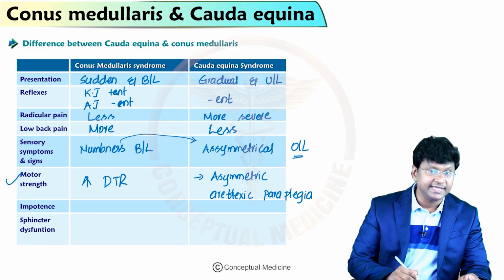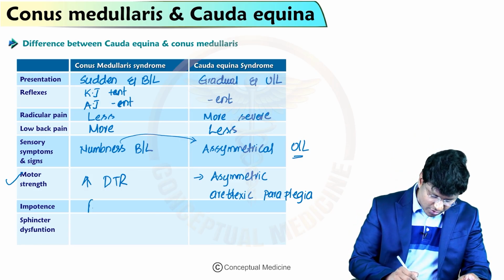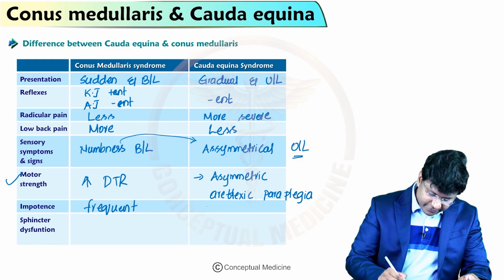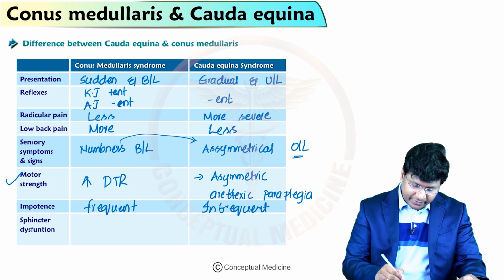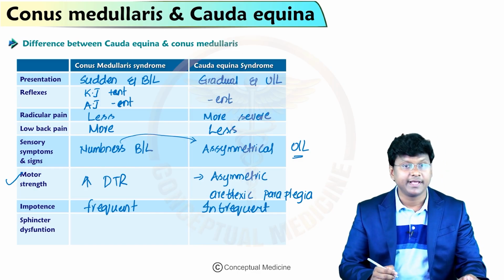And impotency is very common in case of the conus medullaris syndrome, whereas it is infrequent in case of the cauda equina syndrome.